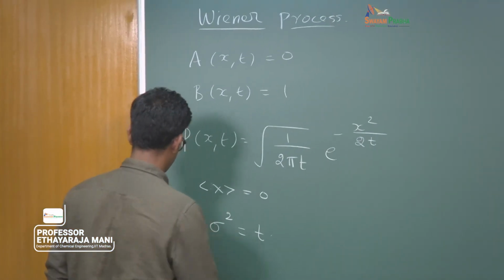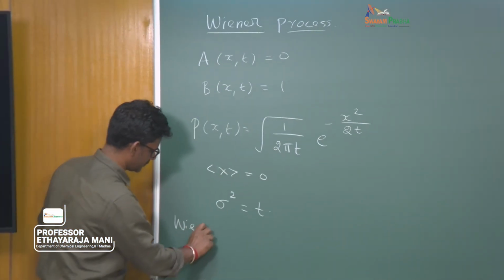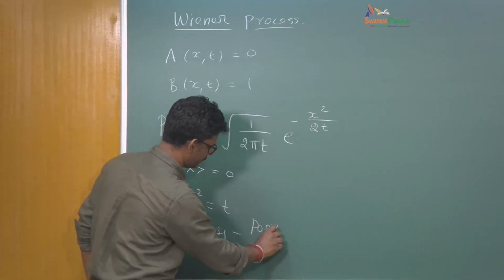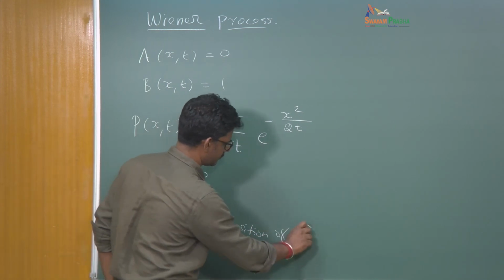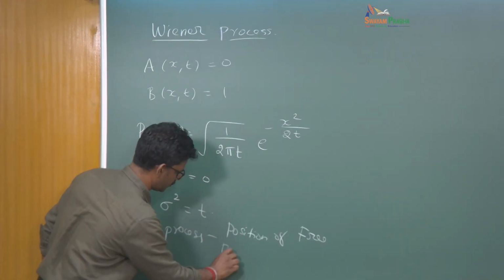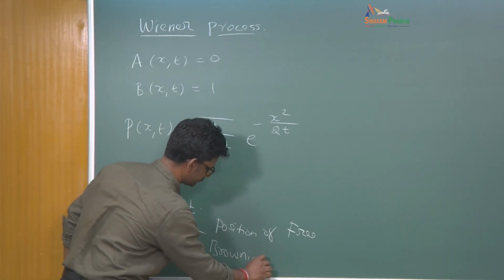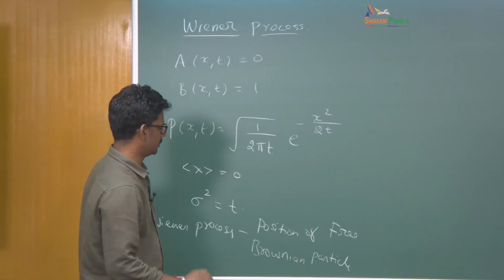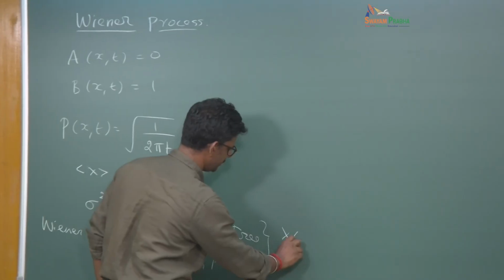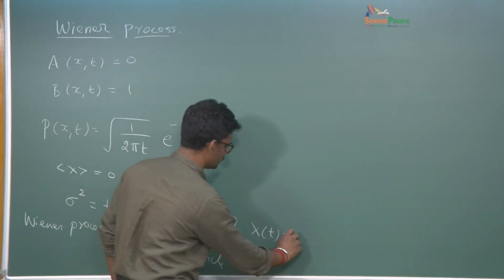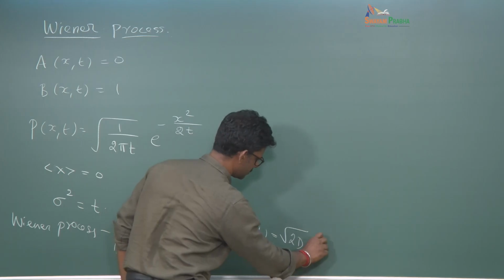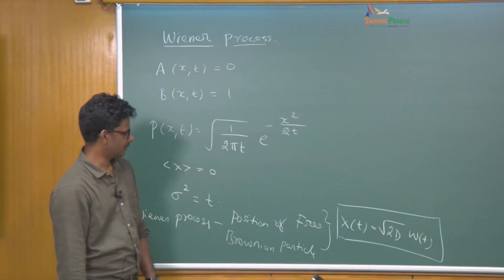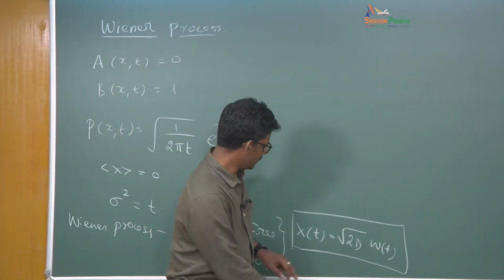Okay, so Wiener process for the position of free Brownian particle, where x of t is given by square root of 2D W of t. Okay, this should be, yeah.